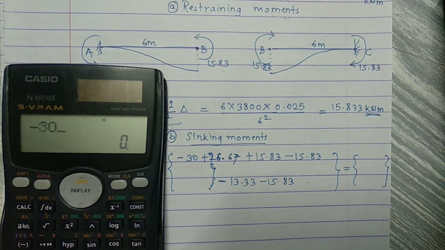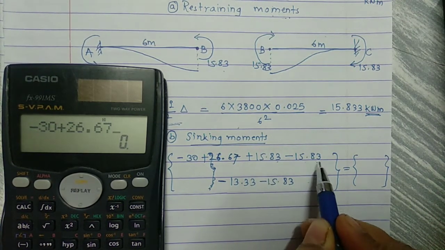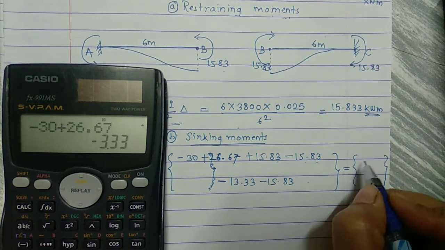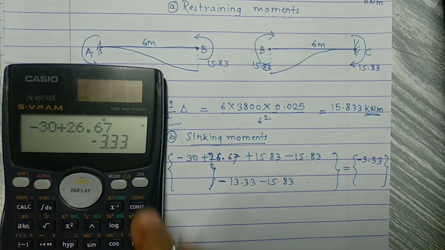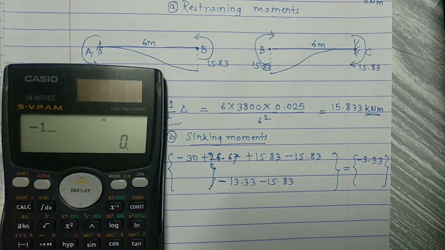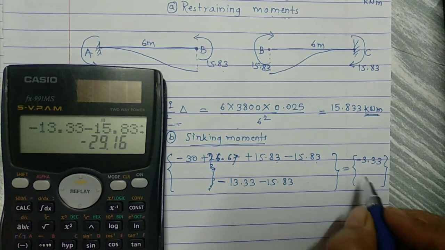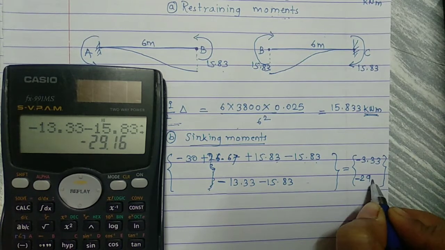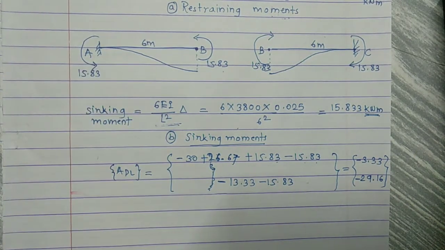Minus 30 plus 26.67 plus 15.83 minus 15.83, they will cancel each other. So the first element in the ADL matrix is minus 3.33 and the second element is minus 13.33 minus 15.83, because both moments are in clockwise direction at support C in restraining as well as in sinking. So the second element is minus 29.16 kilonewton meter in the ADL matrix.